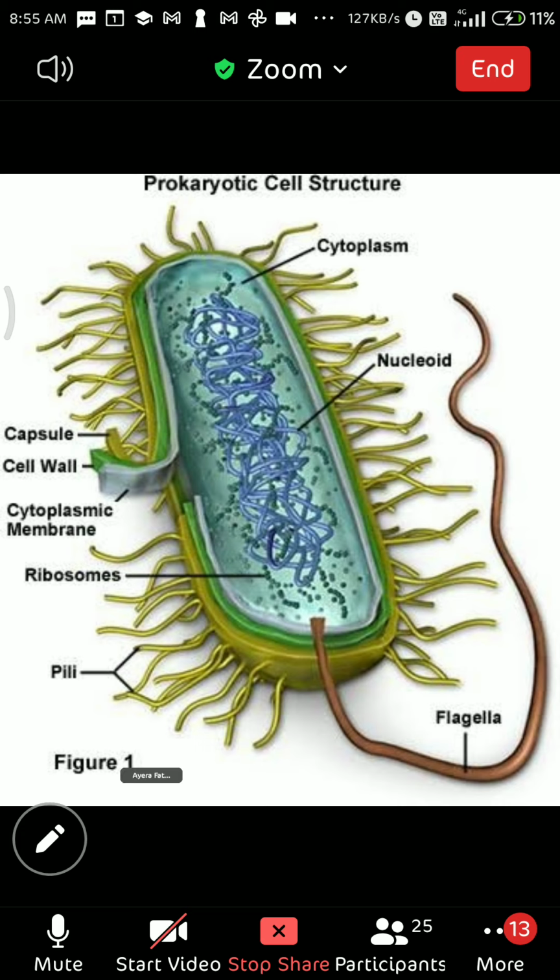First, a few of the students are asking about prokaryotic and eukaryotic nucleus. I have shown you the pictures of both the eukaryotic nucleus and the prokaryotic. So now have you understood or not?